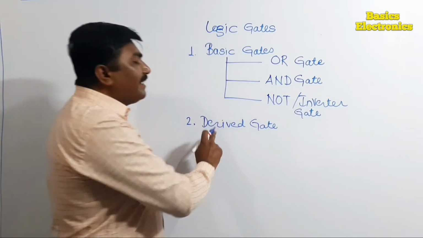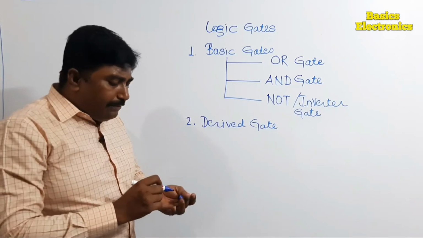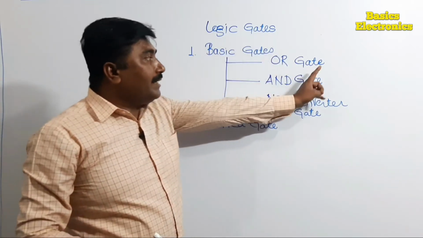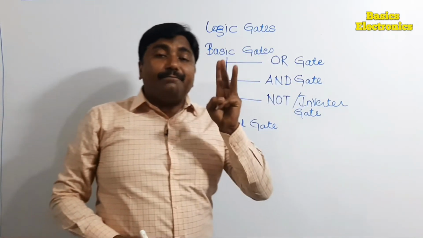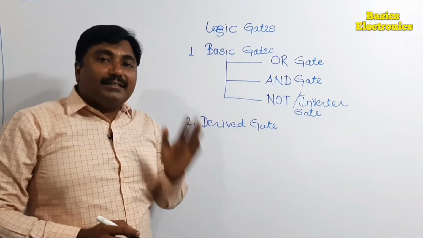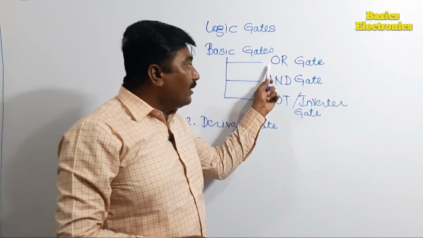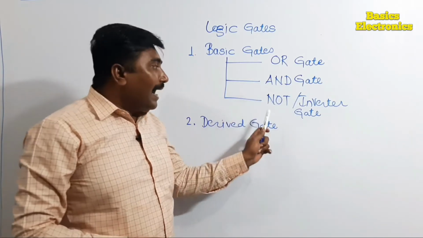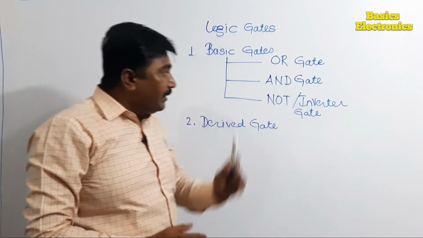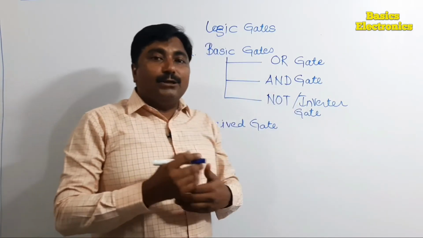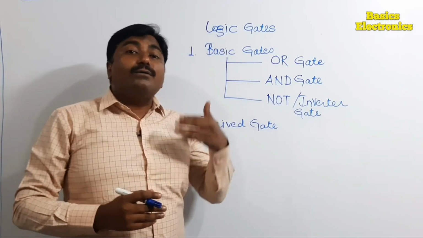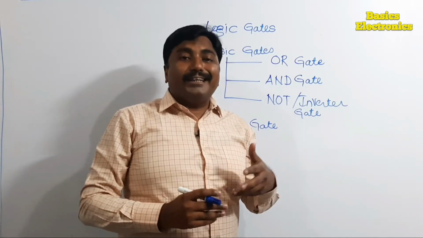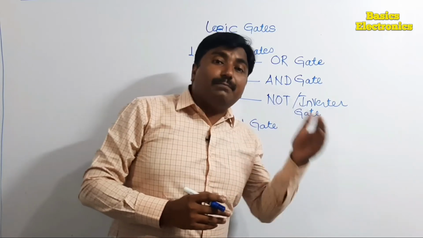The first category is the basic gates. We have three basic gates: the OR gate, the AND gate, and the NOT gate. The OR gate is used to implement the OR mathematical, or rather logical, function.